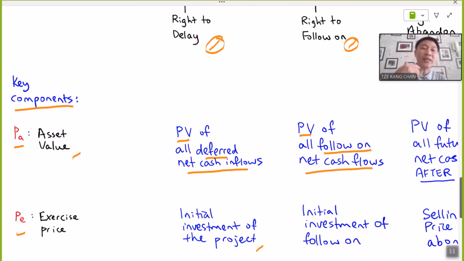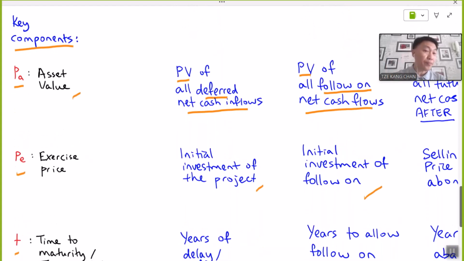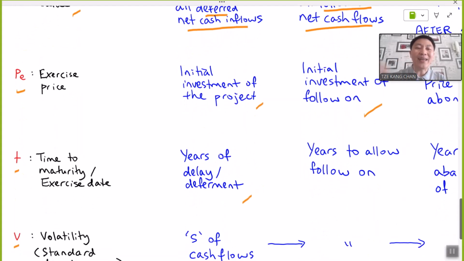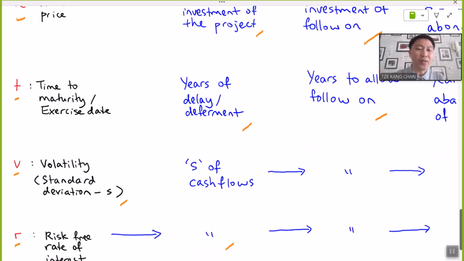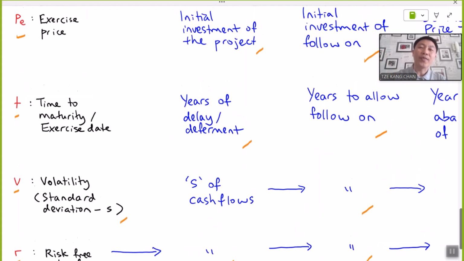Should the net cash flow increase by a certain percentage as a result of the follow-on, it is this incremental cash flow that will be turned into present value to represent PA. As for PE, as usual, the initial investment on these follow-on projects. And then, T is the years to the follow-on to be allowed. Finally, volatility and R are the same as before.